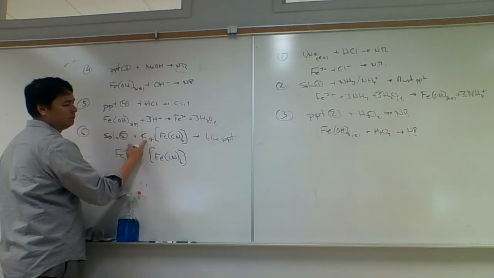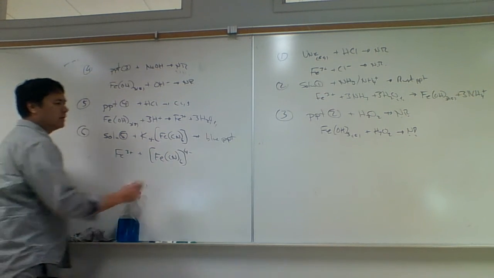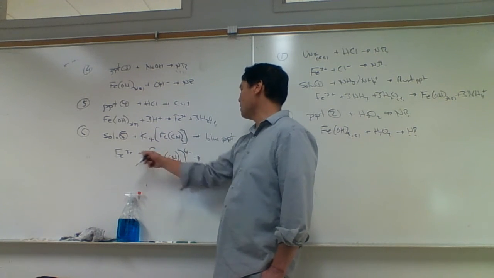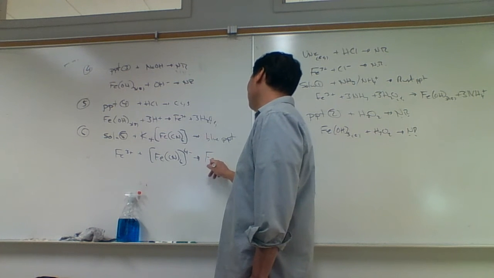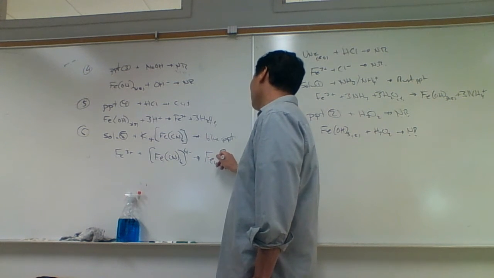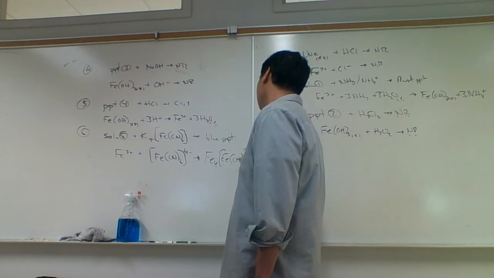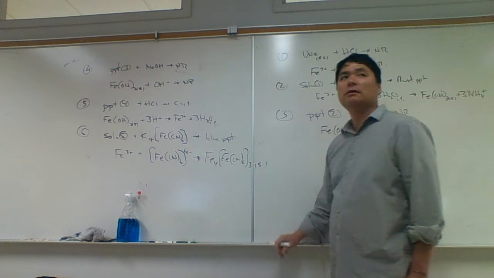Because we needed these, so this is a 4- anion. And so we got to figure out the ratio. One way to figure out the ratio is this Chem 1A trick. We drop the charges down as subscripts. So this will be Fe4, and then we'll have to have Fe(CN)6 3. This is a solid precipitate.